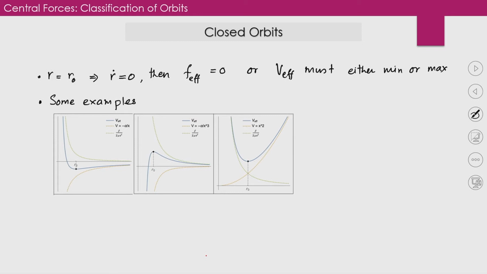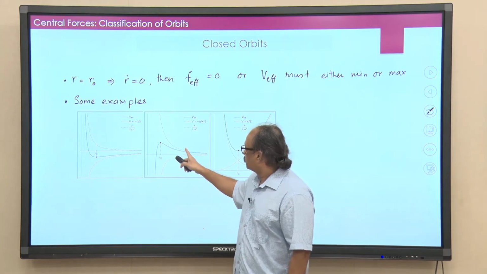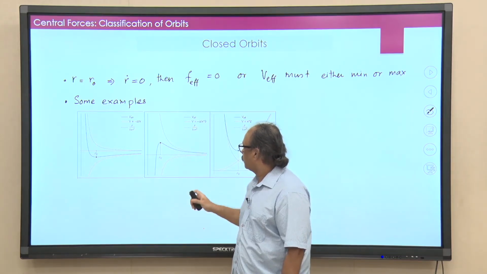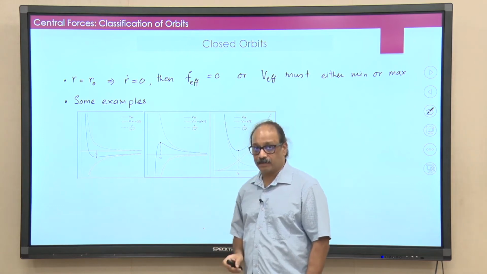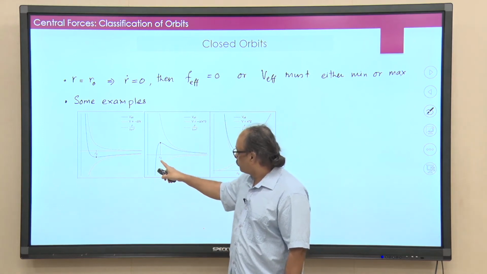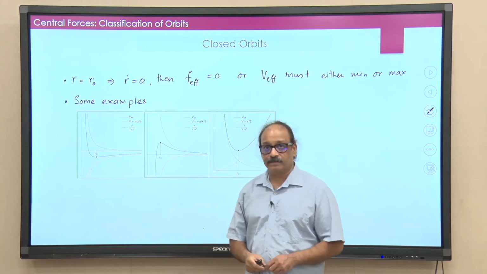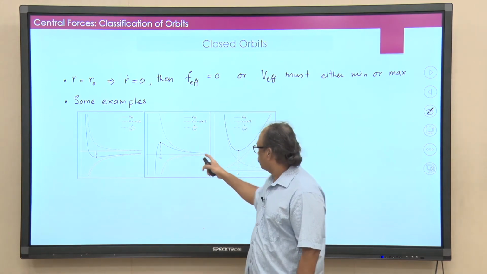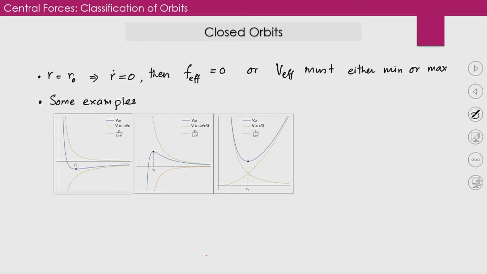For the attractive inverse cube law, the centrifugal term is weaker compared to the 1 over r cube term, and that is why the effective potential goes to minus infinity, and at r equal to infinity it goes to 0. So, somewhere there is a maximum at some value of r naught, and this is the harmonic oscillator. In all these cases, there is a minimum or maximum.